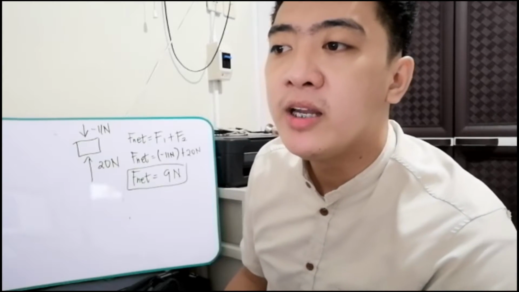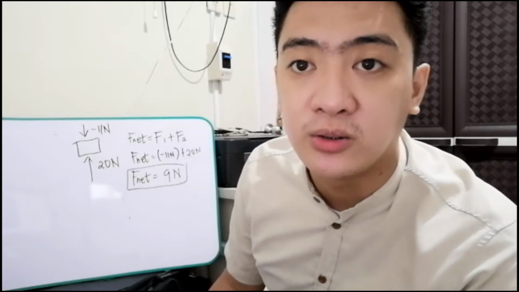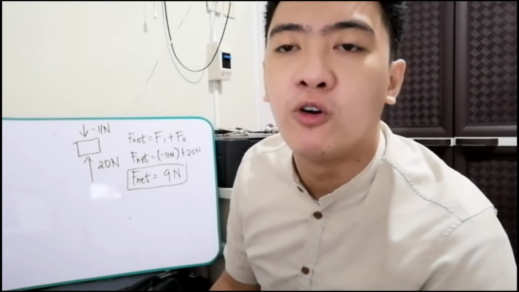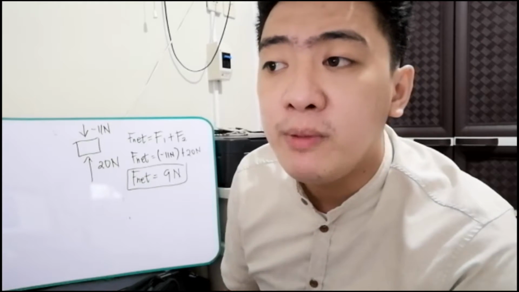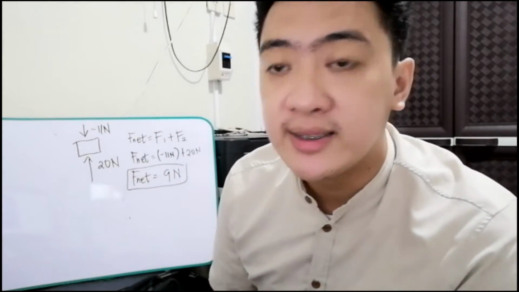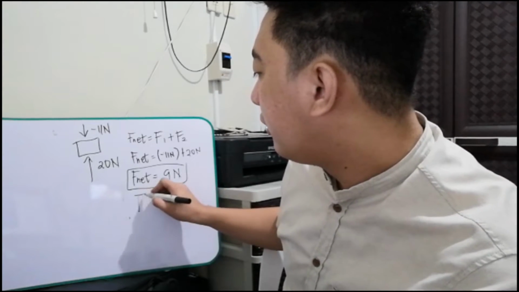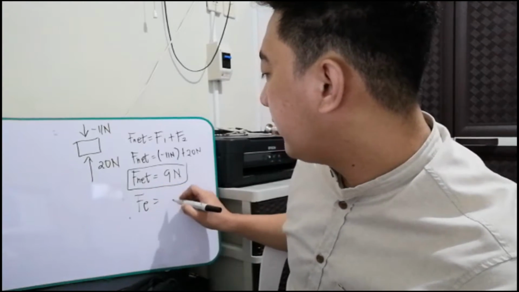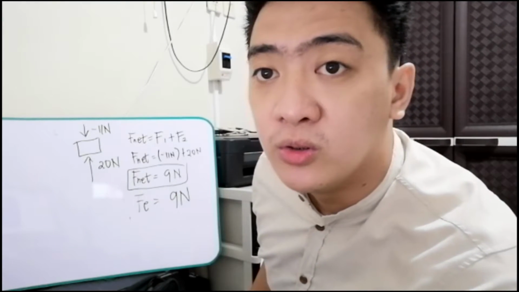Sabi ko kanina, it is always equal to the net force but opposite in direction. So whatever the net force of the object, that will also be the equilibrant force, but we have to opposite the sign. So if the net force is 9 newtons, therefore the equilibrant force is also 9 newtons but opposite direction.